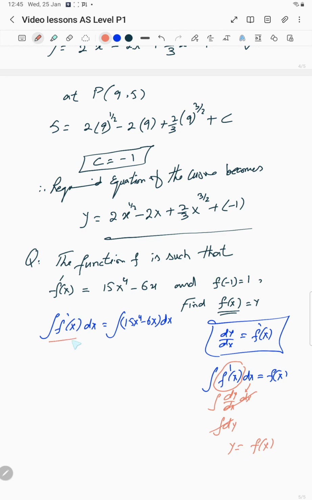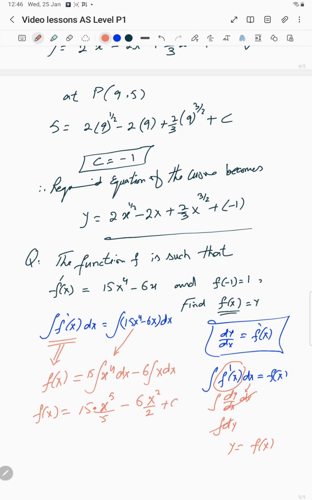So this whole result of the integral will give me f of x. Here, separated: 15x^4 d of x minus 6x d of x. So this is f of x, what we are looking for. As per the rule of integral, 4 plus 1 is 5 divided by 5, this times 6 becomes x square by 2, plus c.